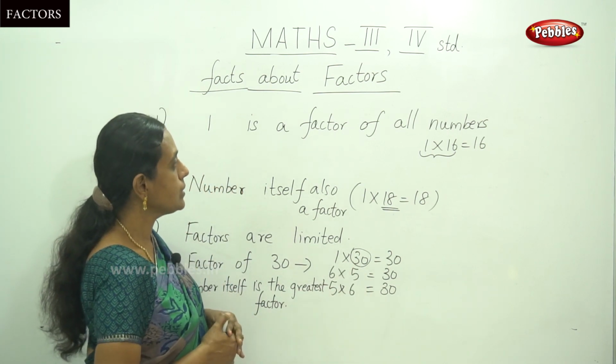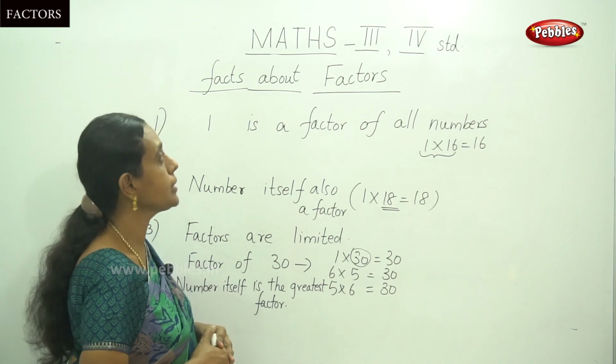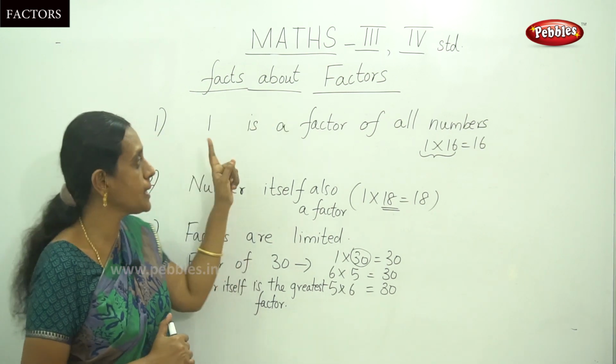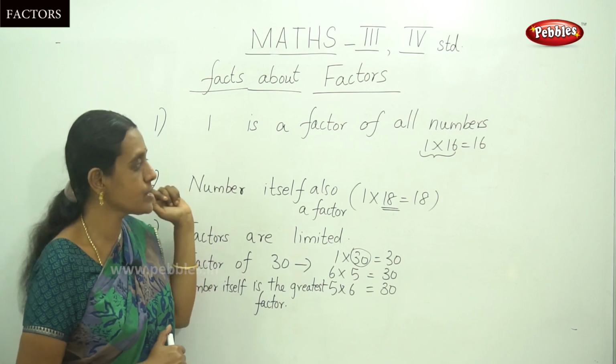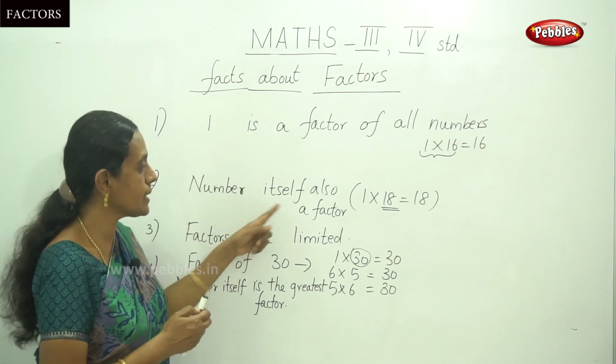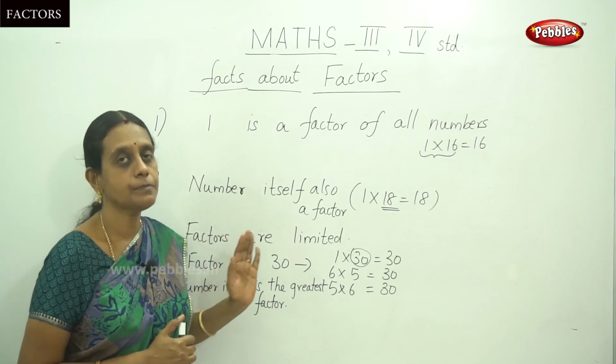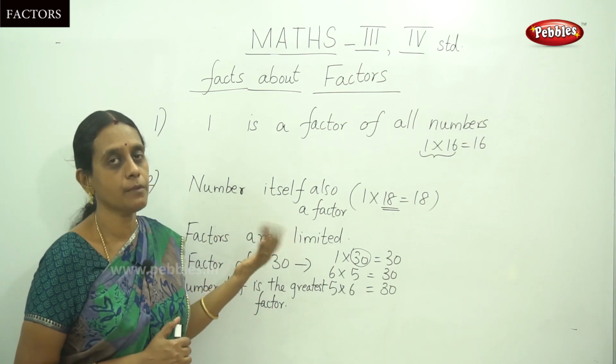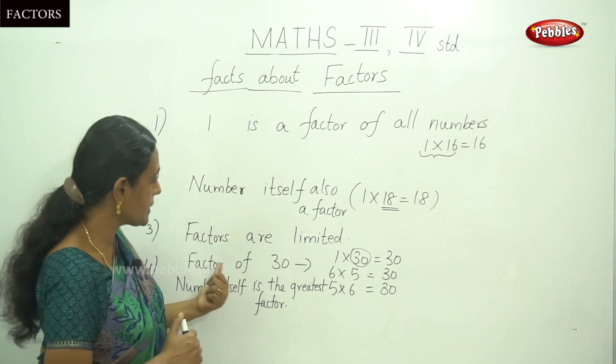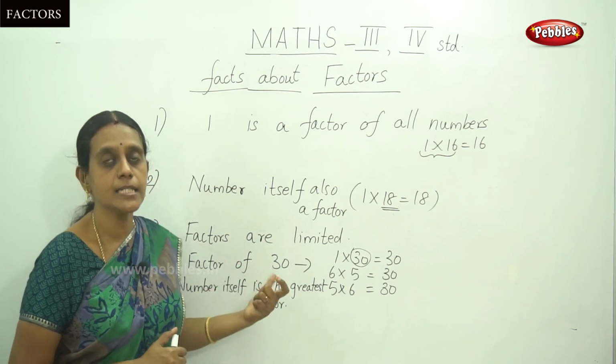So these are the facts about factors. Every number has 1 as a factor and itself is also a factor, and factors are limited. It does not go on like our multiples, and the number itself is the greatest factor.